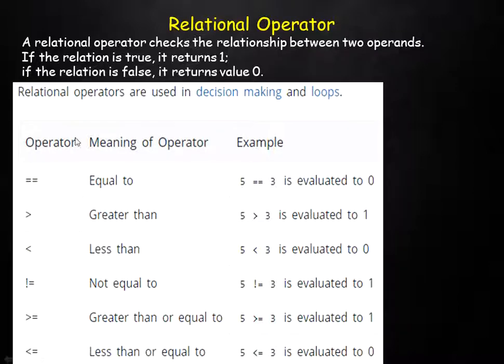So the different relational operators are equal to, greater than, less than, not equal to, greater than or equal to, less than or equal to. The examples are given over here if you want to try them and see what the answers come. It is either evaluated as 0 or 1 unless you tweak it to something that you wanted.